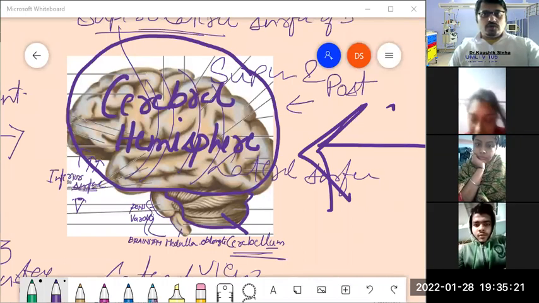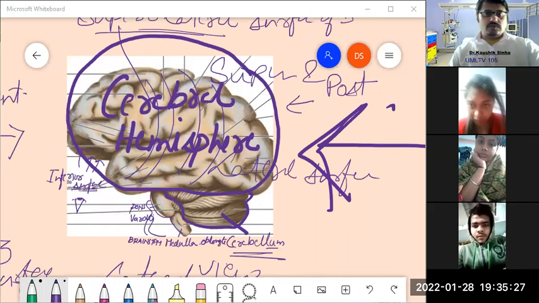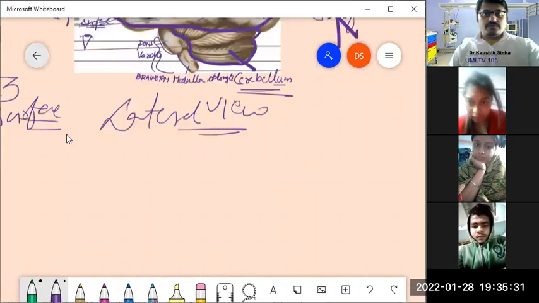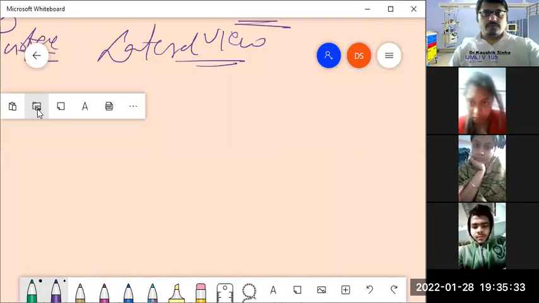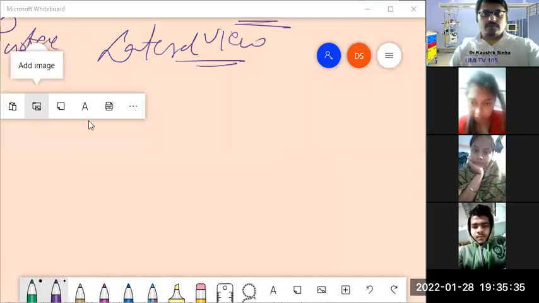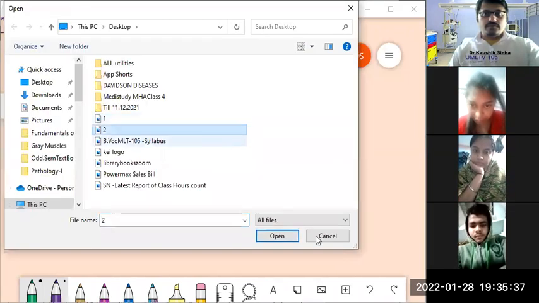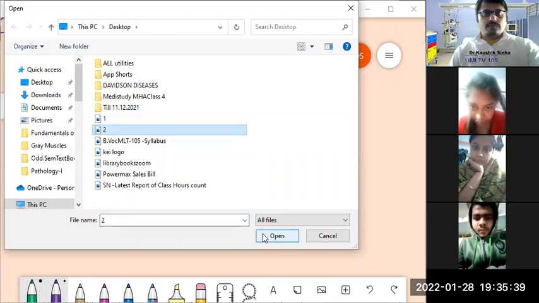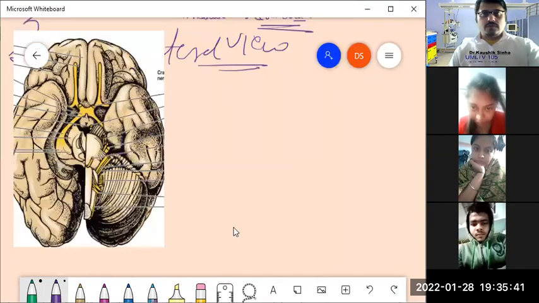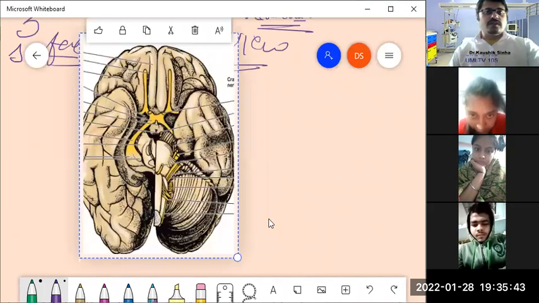So on your screen is soon to appear the inferior view. Consider that this is the inferior view.